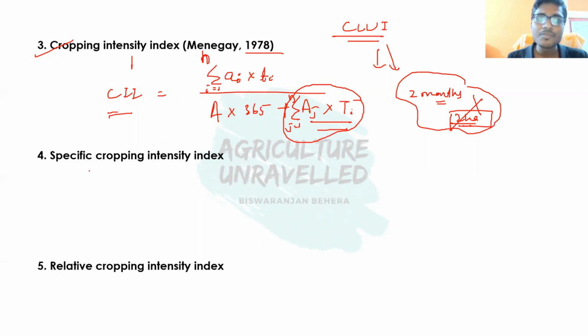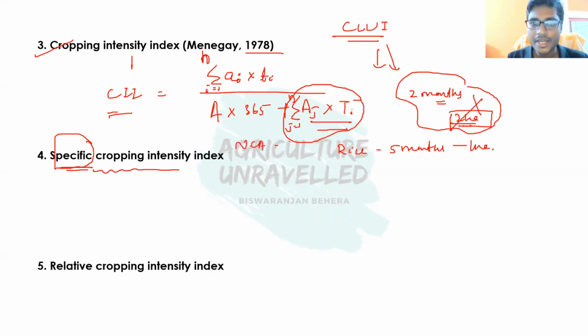Then coming to the next, that is the specific cropping intensity index. The specific cropping intensity index is related to a specific crop. I will give one example, which we will carry forward. For example, we have a rice crop of 5 months duration in 1 hectare land, because the net cultivated area is 1 hectare.